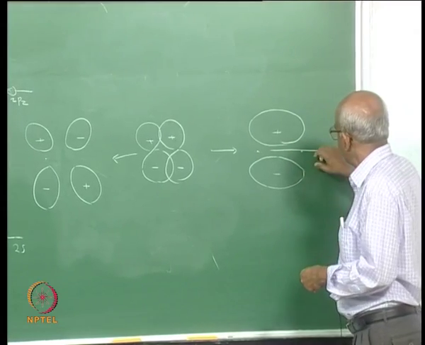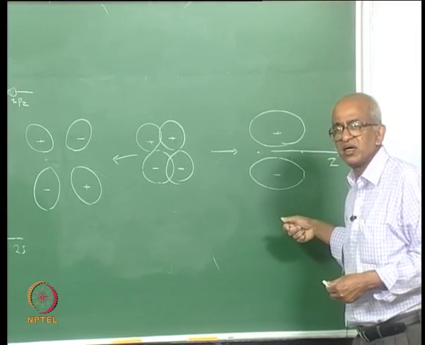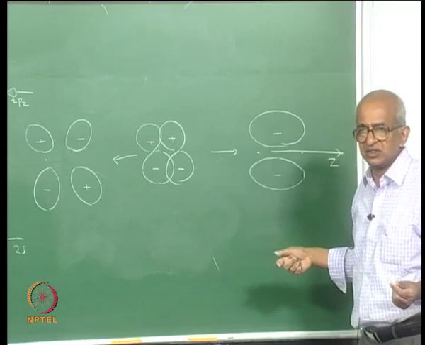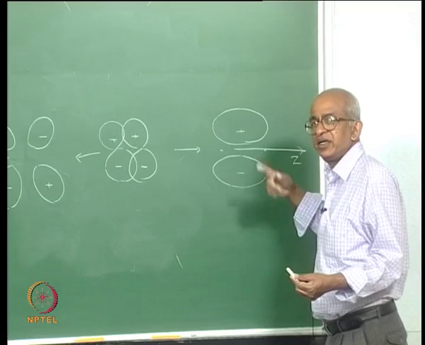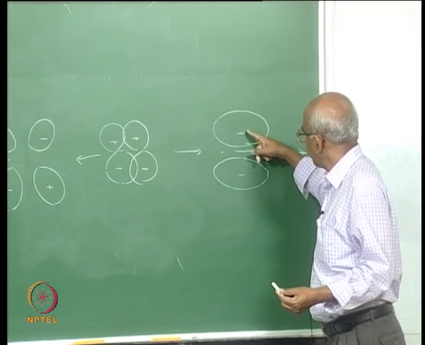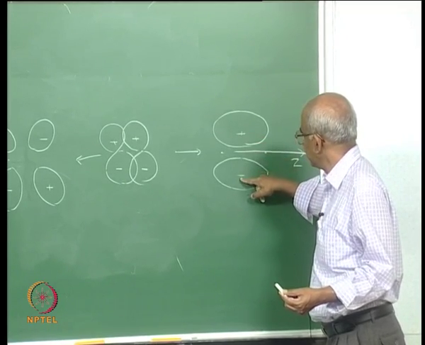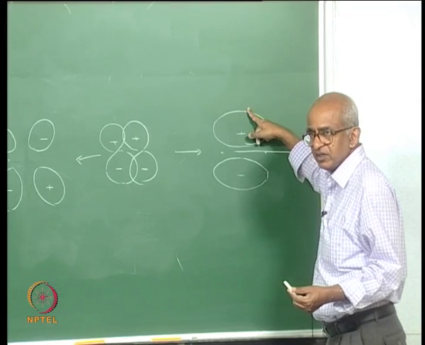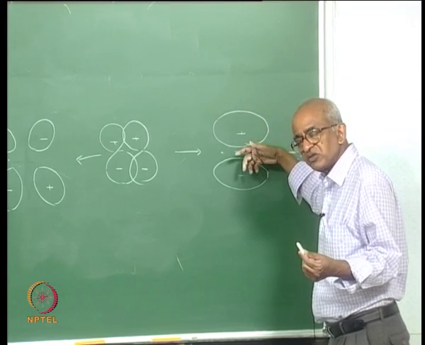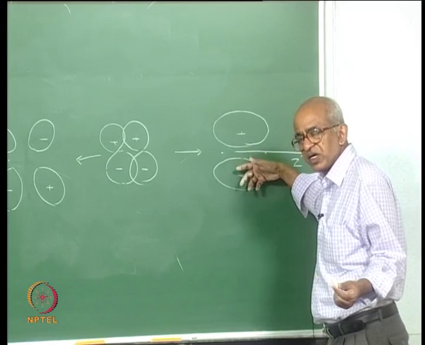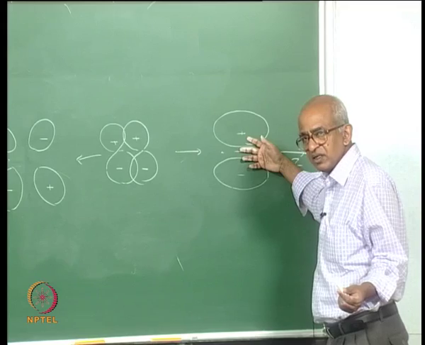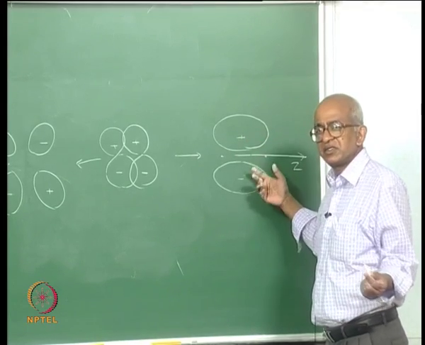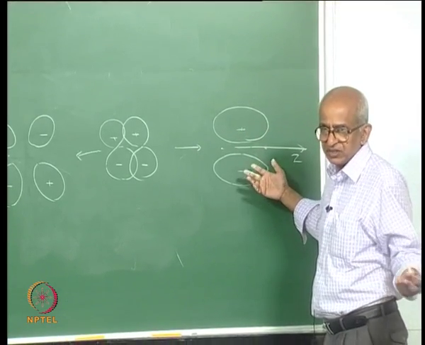If you rotated the orbital about z axis by a small angle, you see the appearance will actually change. If you rotated it by 180 degrees, what will happen? This positive lobe will come here, the negative lobe will go there, right. So, therefore, that would be actually equivalent to multiplying the orbital by -1, right. And then if you rotate by 360 degrees, of course, the orbital's appearance is unchanged.